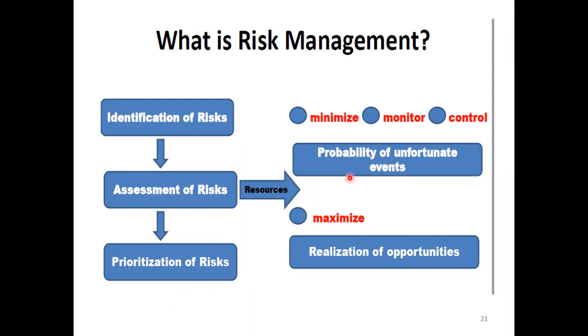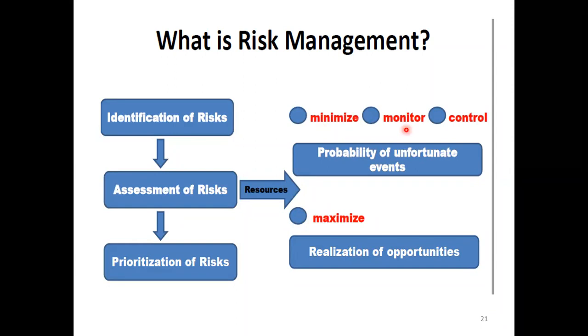Assessment of risk may be based on the probability, the chance of such an event. So why do they manage risk? Once they assess, they have to take initiatives to minimize the risk, and they have to monitor the risk.